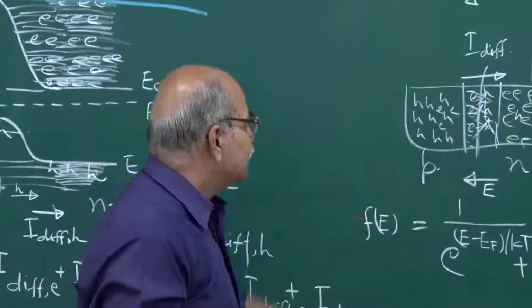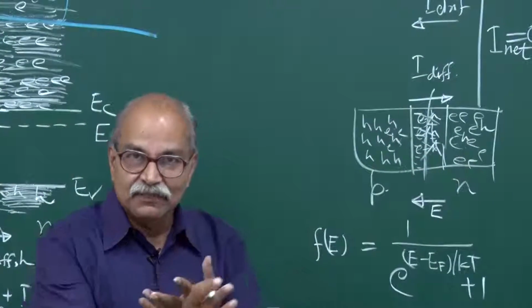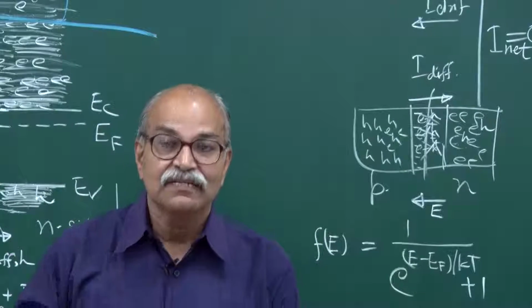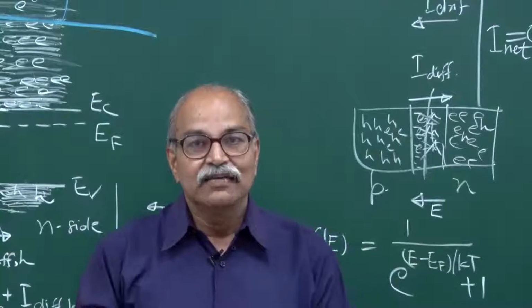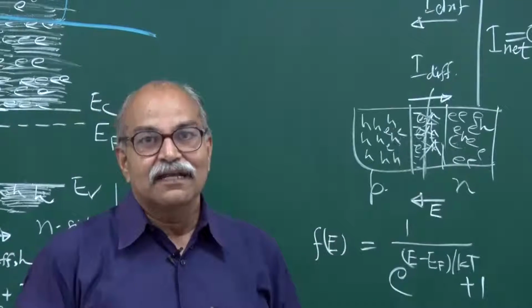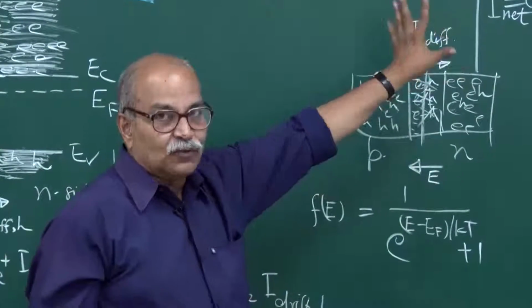So I will not go into that, but it is happening. And then because of majority carriers, you are having some kind of migration of charges. Then you have minority carriers, they are also contributing another kind of currents, but the net total current is 0.